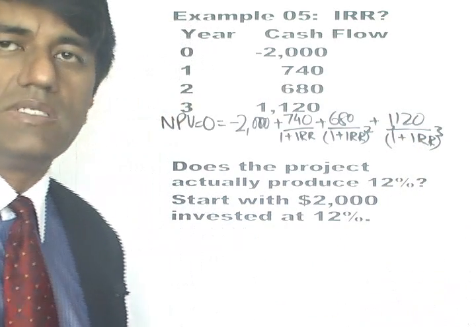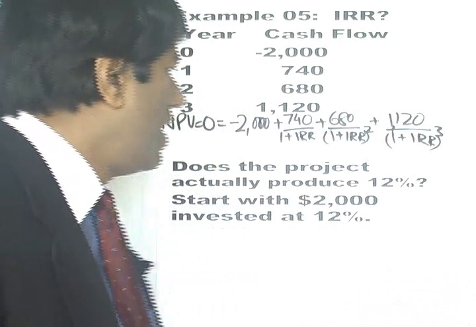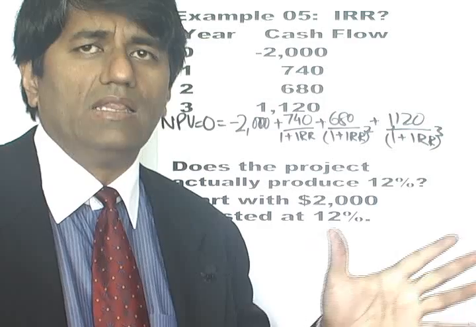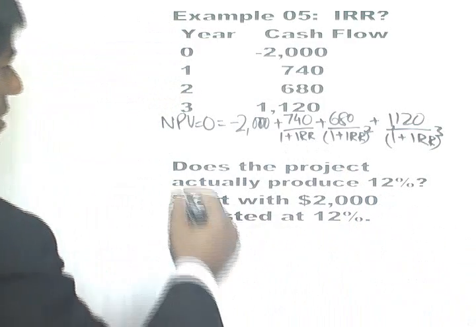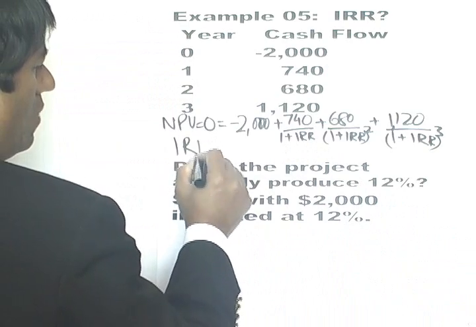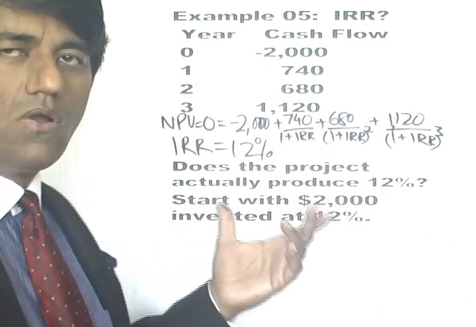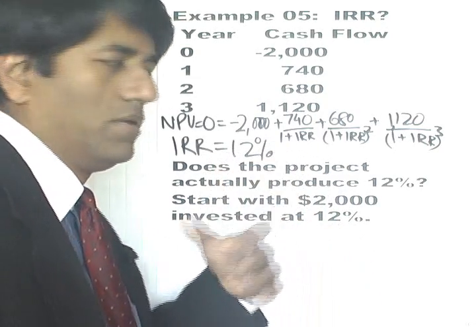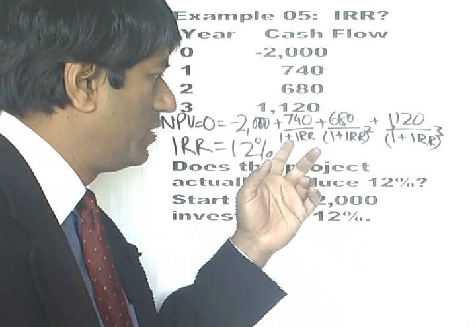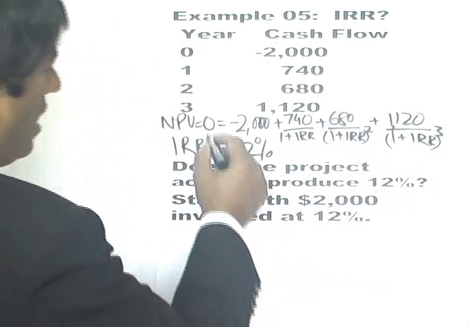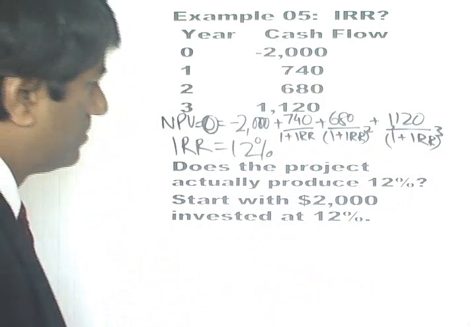Now stick these numbers into your financial calculator, and you will see that the rate of return will be 12%. Or you just take my word for it and put in 12% into this formula and see that it will lead to an NPV of 0.